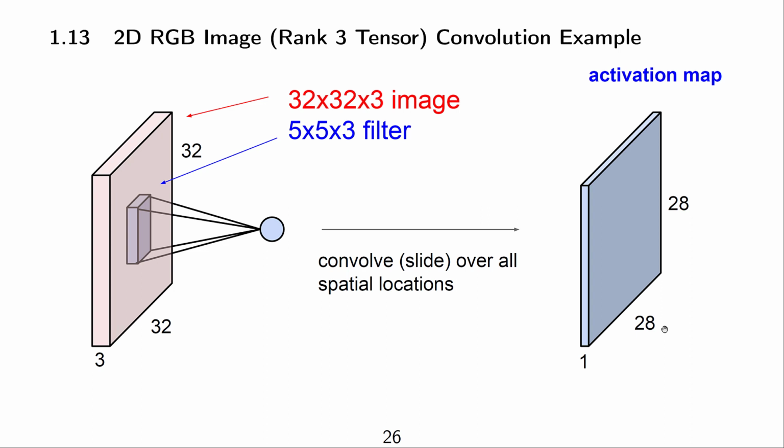The other problem, though, is that this would possibly create a very large number of output activation maps. Another idea is to use one filter for the first channel to create an output activation map, a second filter for the next channel to create another output activation map, and a third filter for the third channel to create another output activation map.